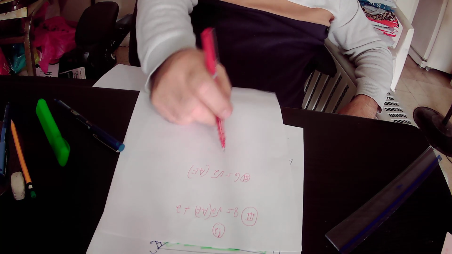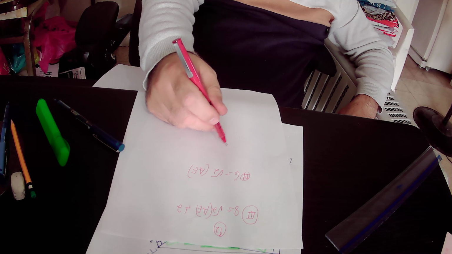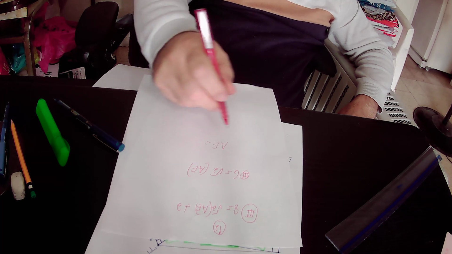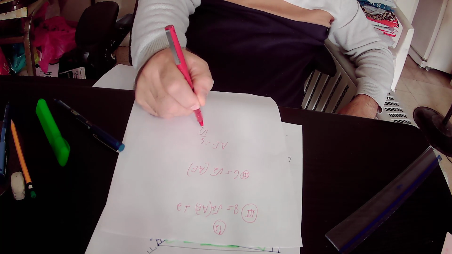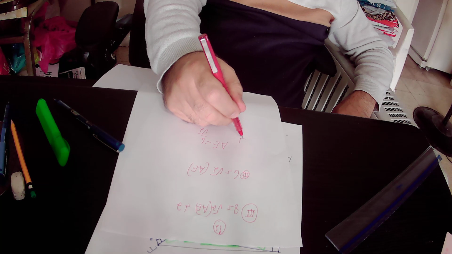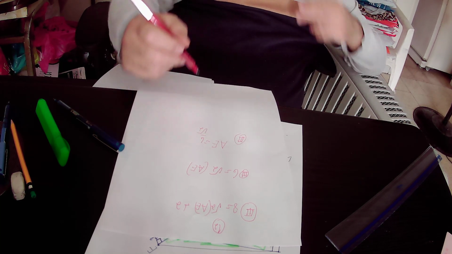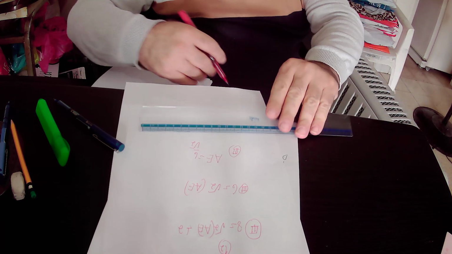We divide this equation by the square root of 2, and we get that AE equals 6 over the square root of 2, but we know that 6 is 3 times 2, so I'll write it down.